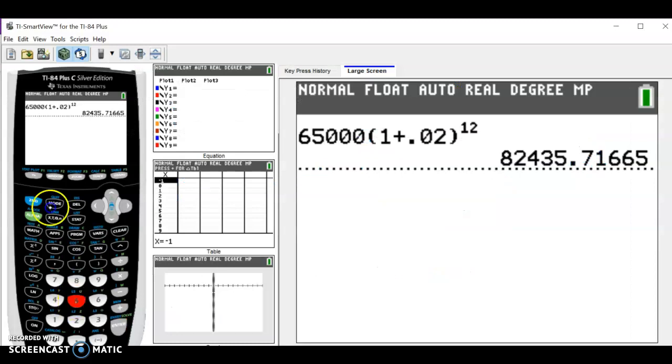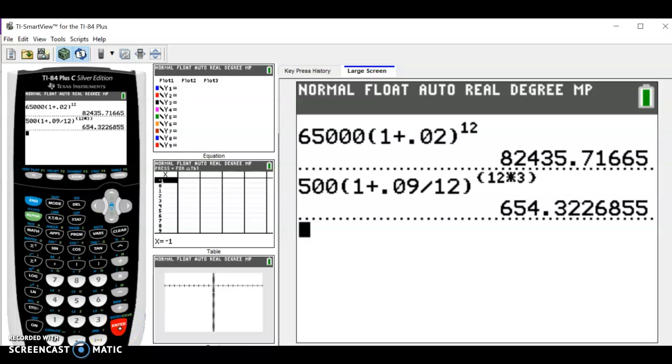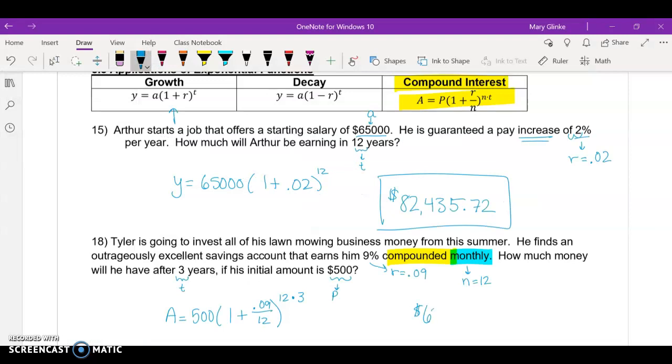So we're going to type this in, 500 parentheses 1 plus 0.09 divided by 12, to the, and I would strongly recommend parentheses here because some of you don't have the same calculator as me, so it's a great idea to use parentheses around that exponent, the 12 times 3. So when we hit enter, we get $654.32.